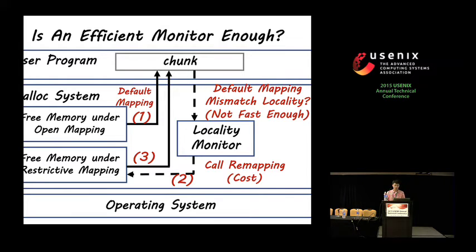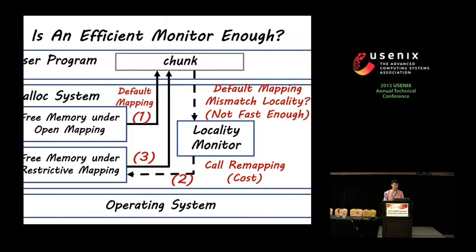This solution seems to work, but there are still several problems remaining. The first problem is that many data chunks are short-lived, which means there will be very little time between the malloc and free, so the remapping may be too late to take effect.